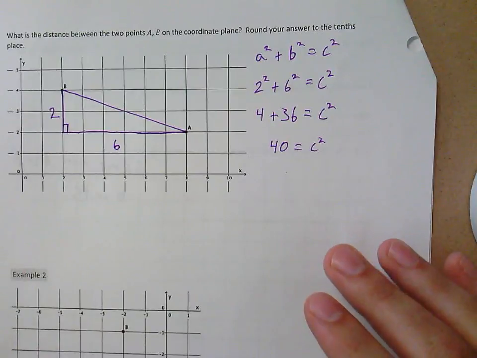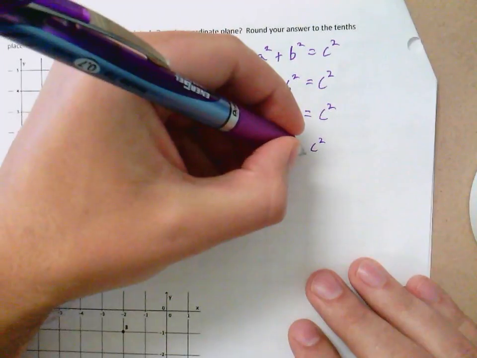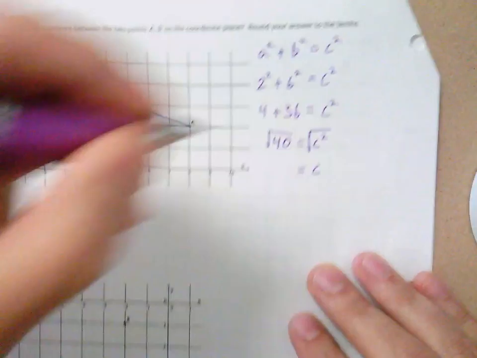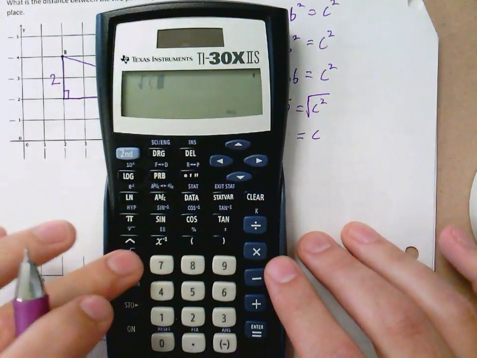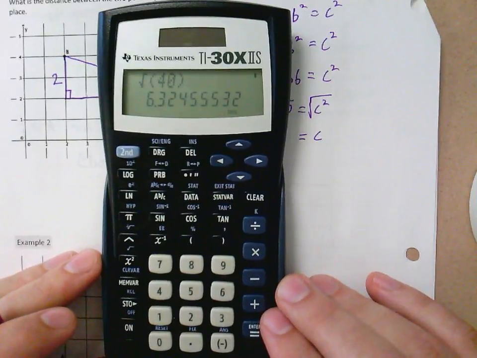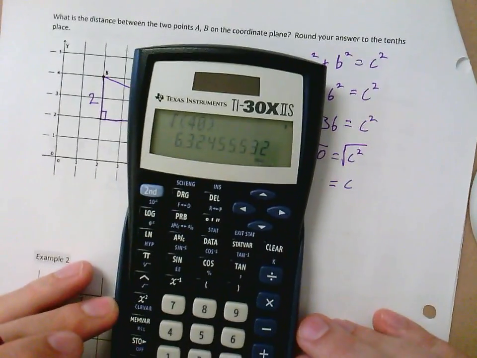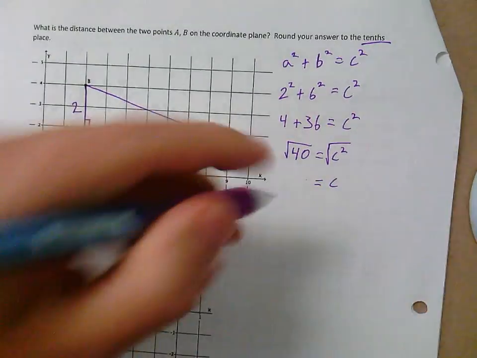And then this last step here, I don't really want c squared. I want c. Take the square root of both sides. And then I get c equals, let's plug this into our handy dandy calculator. Square root of 40 gives me 6.32, rounded to the nearest tenth, 6.3.